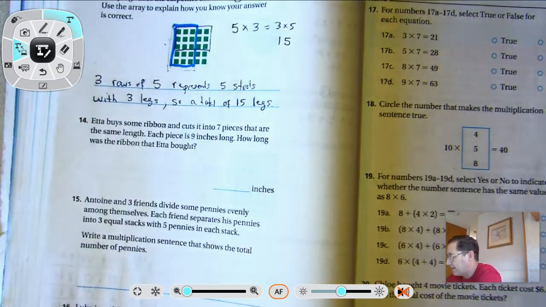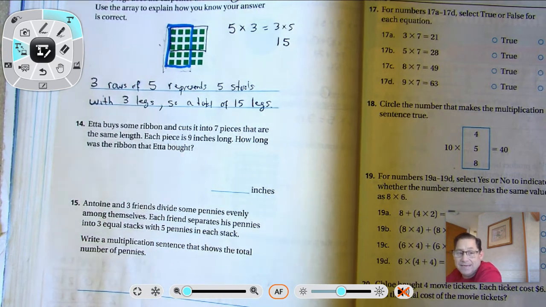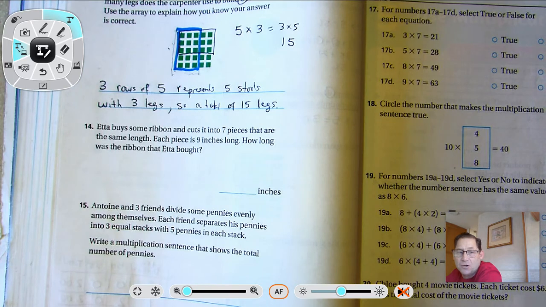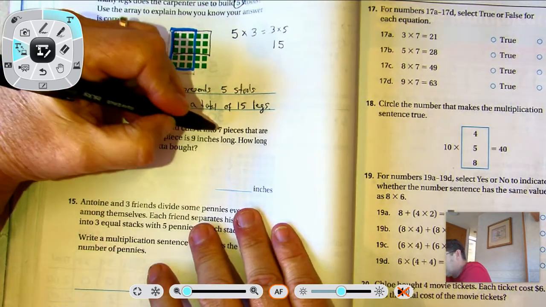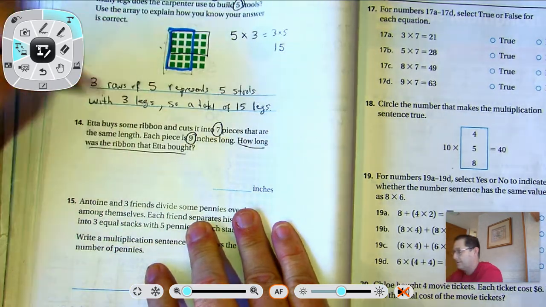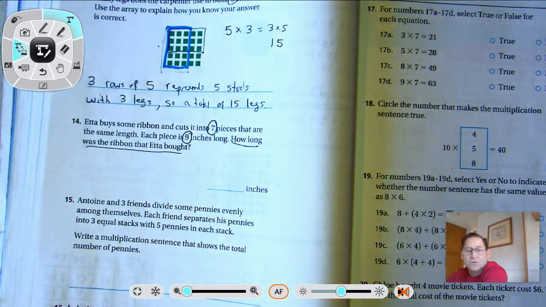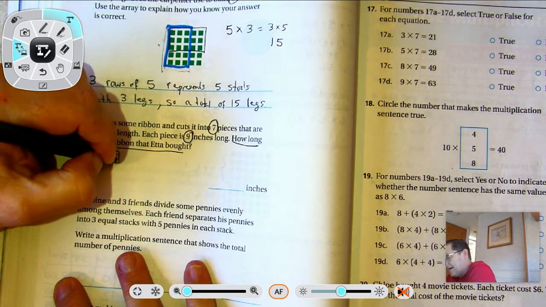All right, 14. Etta buys some ribbon and cuts it into 7 pieces that are the same length. Each piece is 9 inches long. How long was the ribbon that Etta bought? So 7 pieces. Each of them has to be 9 inches long. So our multiplication problem for that would be 7 pieces times 9.